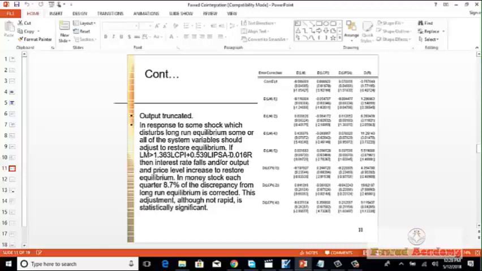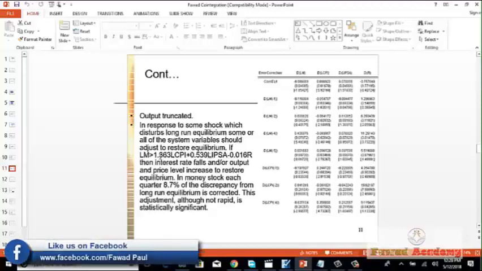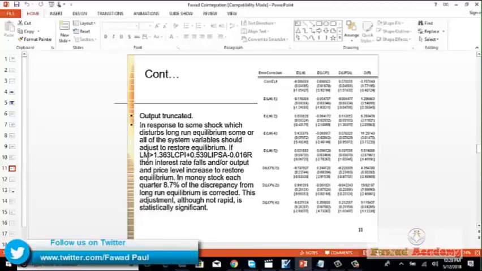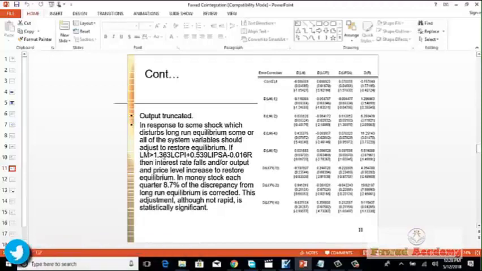Interest falls because interest has a negative relation with these values, and CPI and LIP, industrial production, have a positive relation. So interest will fall and output and inflation will increase to restore the equilibrium if the condition LM is greater than holds.